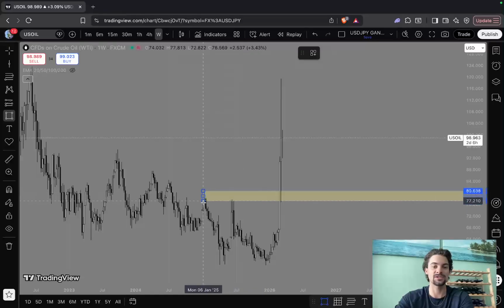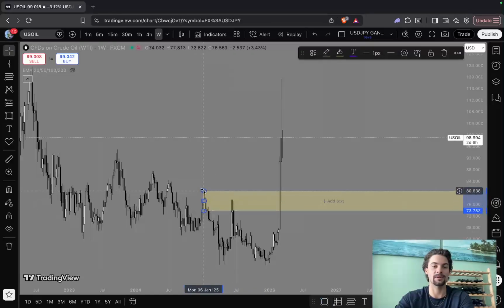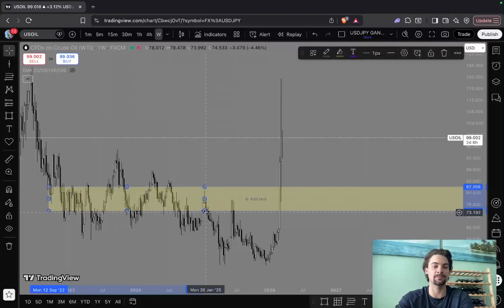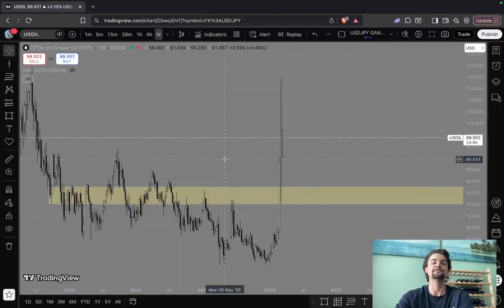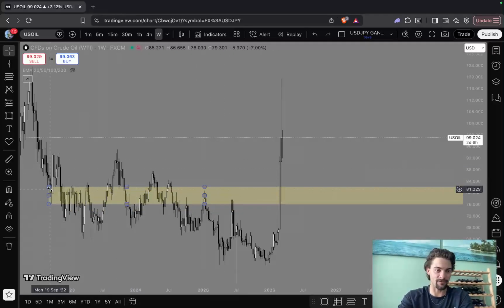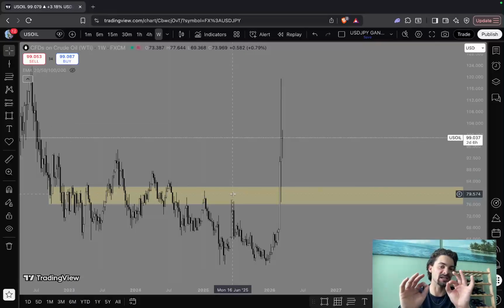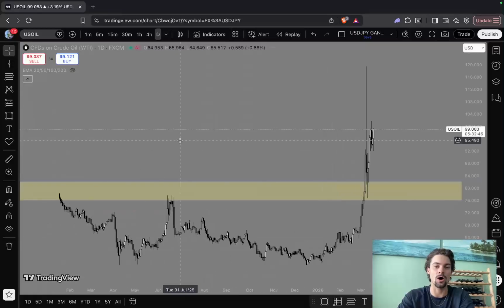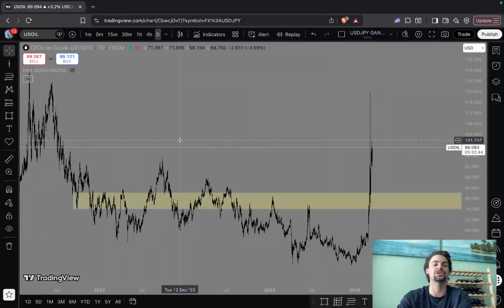Now, this zone is very important, and I'm going to tell you why. This is kind of like supply and demand right here. You see this level that's been getting traded through for the last 4 years is an important key level. And as you can see, we retested that level on the chart before continuing to go higher.